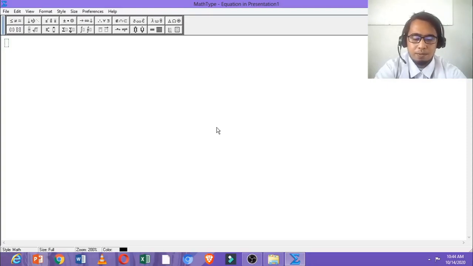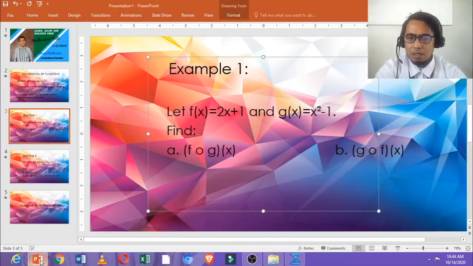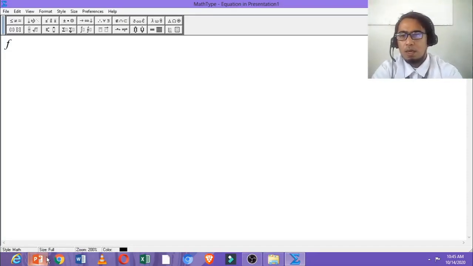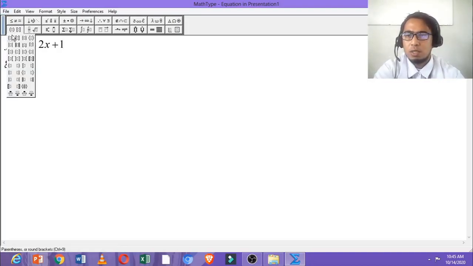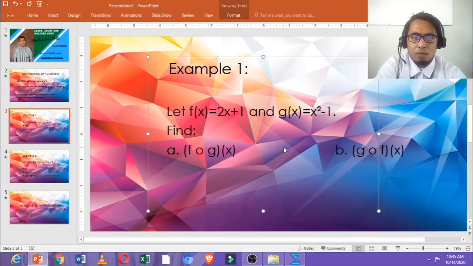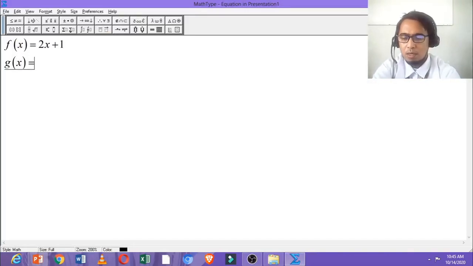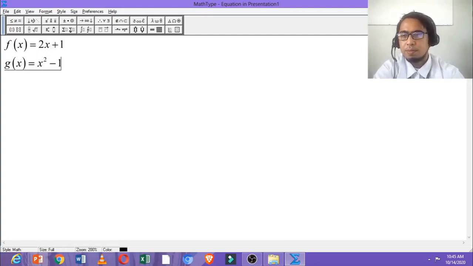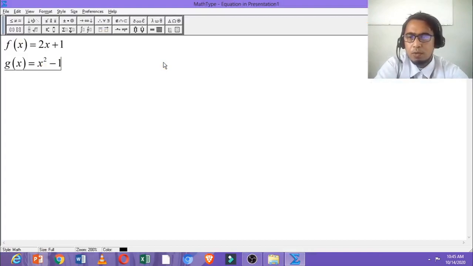So the given is f of x equal to 2x plus 1, while our g of x is x squared minus 1. Let's check. Okay, 2x plus 1, x squared minus 1.